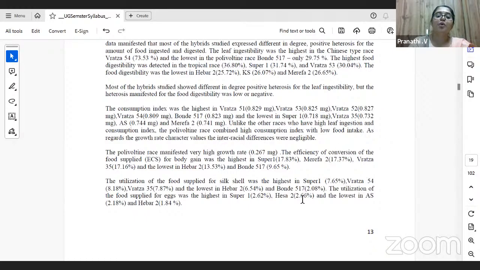Now, you see that the polyvoltine races manifested a very high growth rate. The efficiency of the food converted into body weight gain was the highest in Super 1, Merefa, Ratsa, and lowest in Hebar 2 and Bondi 517.